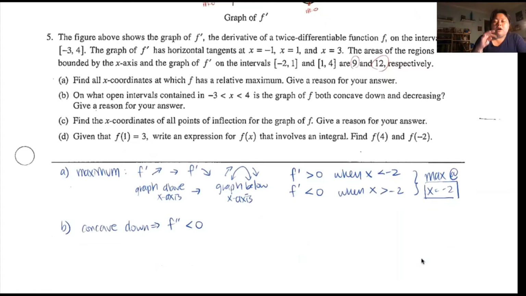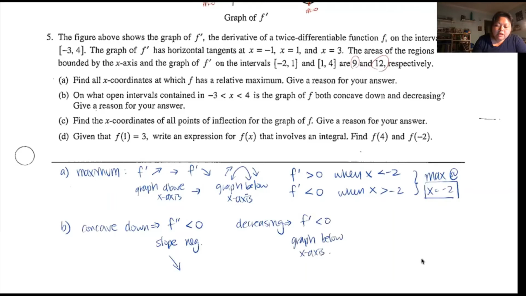So in our picture, if I'm looking at f double prime, I'm looking at where the slope is negative, meaning the graph is going down like this. That's the concave down. And then you're looking for decreasing. Decreasing means that f prime is negative. So that means the graph we're looking at, because this is a graph of f prime, is below the x-axis.